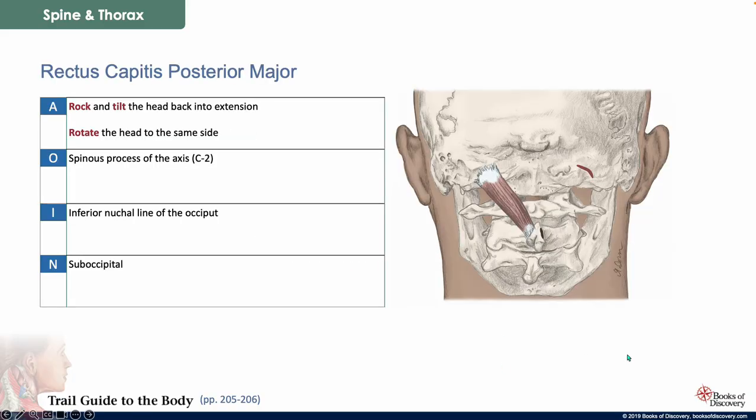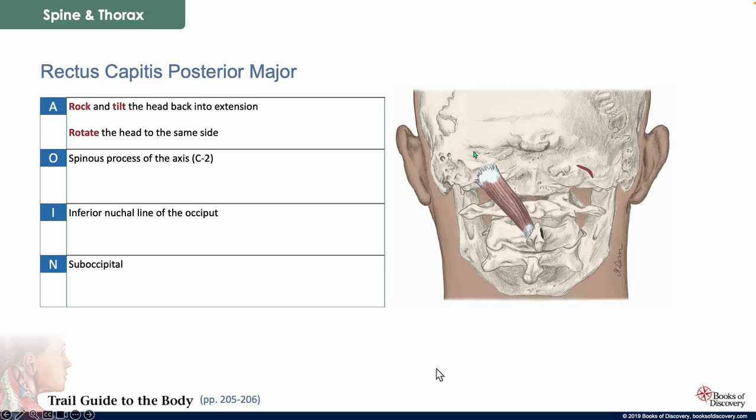So here is rectus capitis posterior major. We have a major, so that probably means we're going to have a minor. So these tiny, tiny little muscles are responsible for rocking and tilting your head into extension, saying yes. Is your neck tight? Yes. It also rotates on the same side.